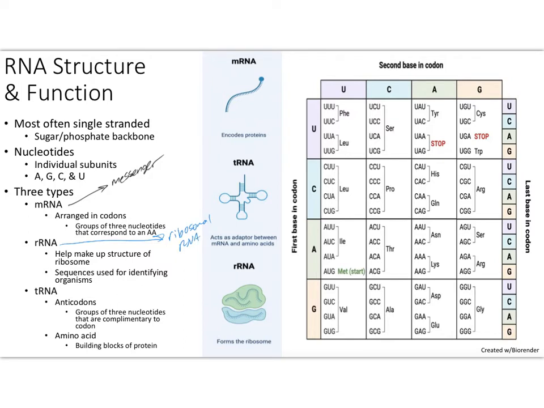And this type of RNA is found in the ribosomes of organisms. They help make up the structure of ribosomes, and they are important in helping identify organisms.